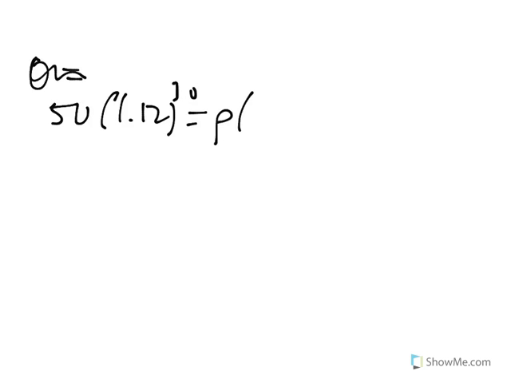I want to end up with no money if I want to pay the loan off after 30 years. So when I move everything over to one side, I get 50,000 times 1.12 to the 30th is equal to, factor out the p.